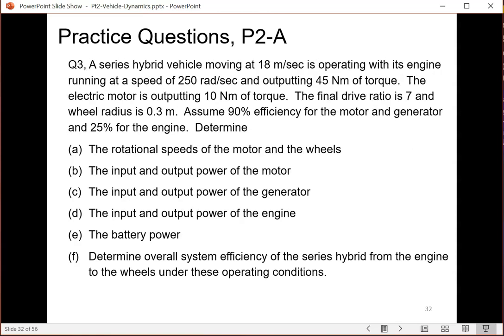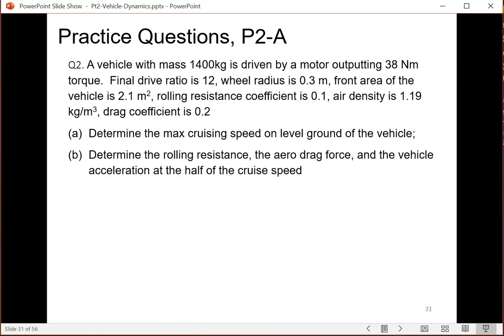Now question 3 is very similar to my example, just work out the conversions and work out different values. Question 2 is where you need some knowledge from the previous one on the general equation of motion, Newton's law, but you need to convert the motor output torque into the traction force, F.